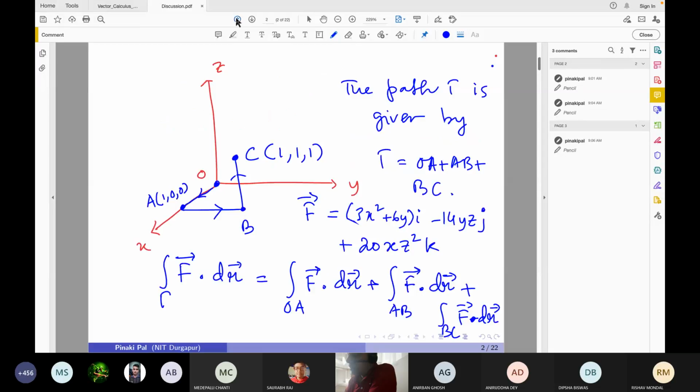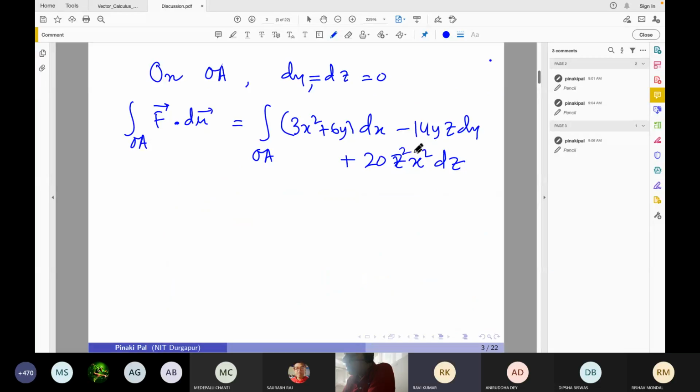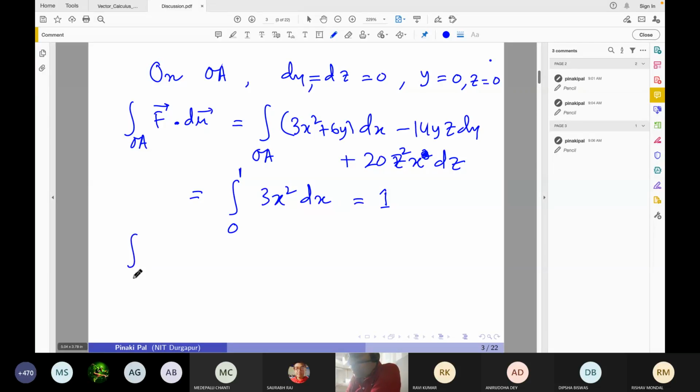Since dy and dz are 0, it will become the integral from 0 to 1. x is changing from 0 to 1, and y is also 0, and z is also 0 as we are moving on the x-axis. So therefore, it turns out that we get the integral of 3x square dx, and this is equal to 1. So this is 1.